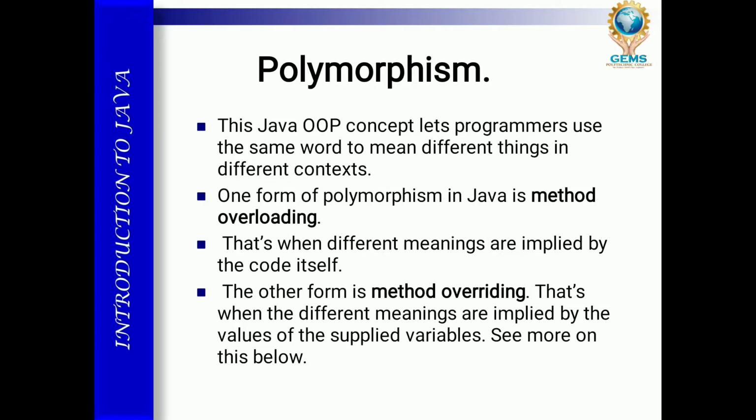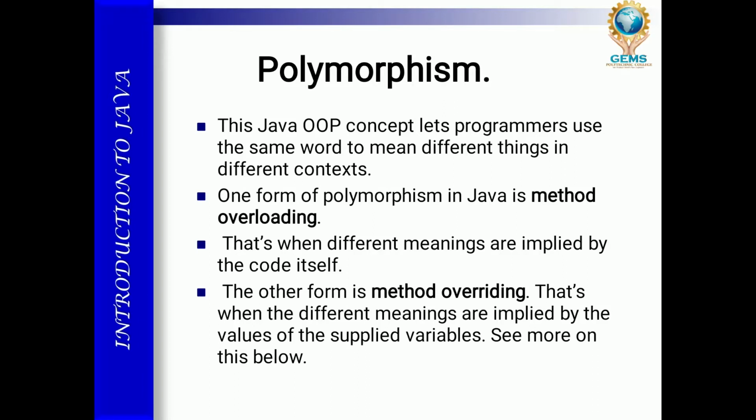In the same way, in an object-oriented programming language also, the same word gives multiple outputs, multiple results. Here, polymorphism. One form of polymorphism in Java is method overloading. That's when different meanings are implied by the code itself. For example, duck, like that.